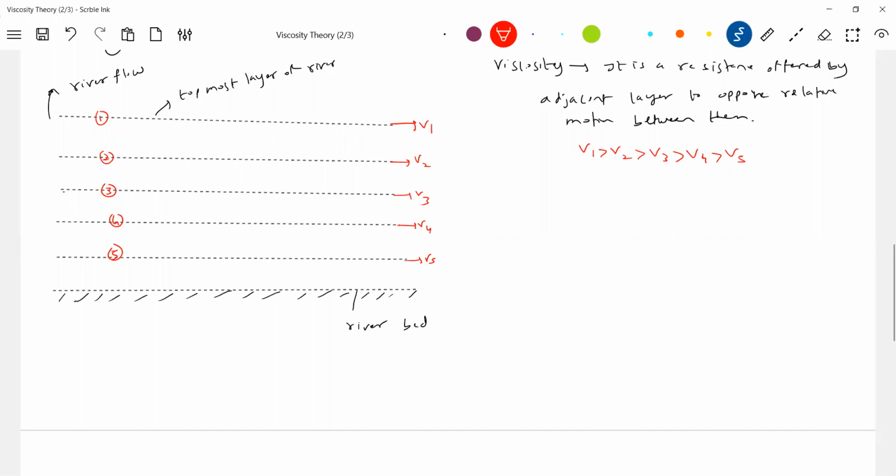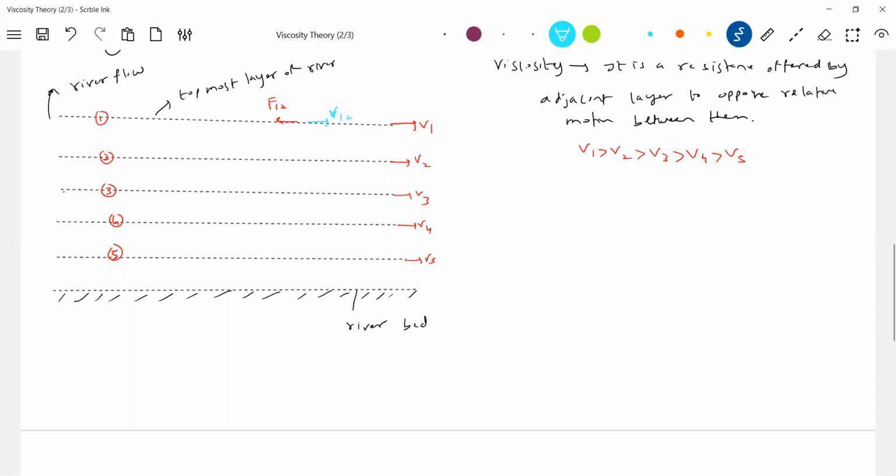What is the velocity of 1 with respect to 2? V12 will be in this direction. The viscous drag on this layer will be opposite to this. I'll put F12.